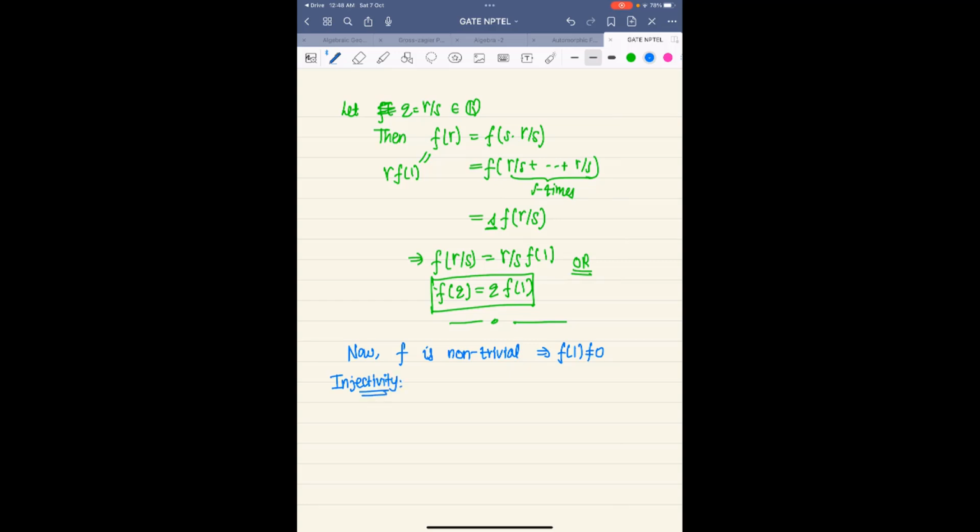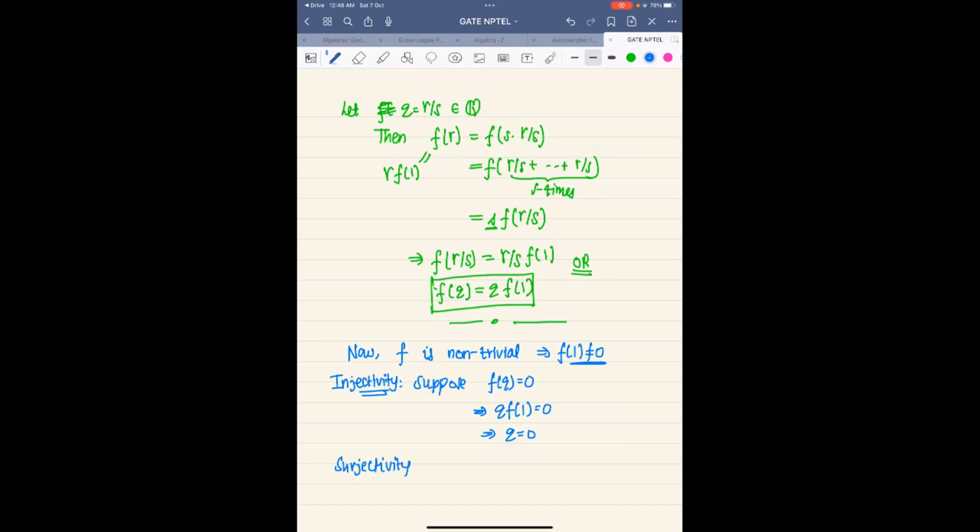For injectivity, suppose f of q is equal to 0. This means that q times f of 1 is equal to 0, and we are given that f of 1 is non-zero. This means that q is equal to 0. So f is injective.